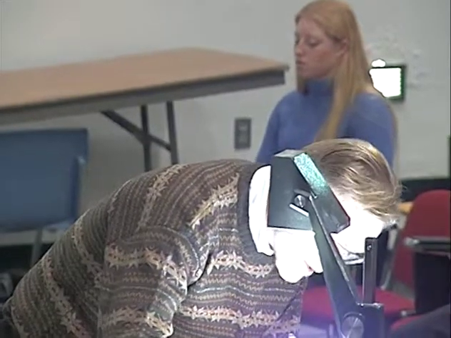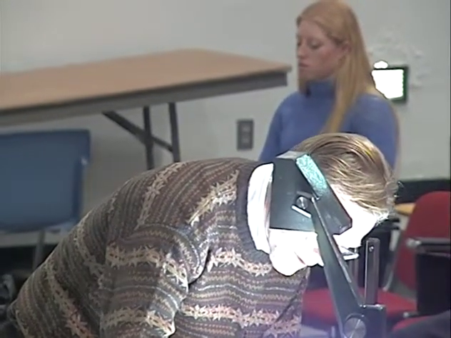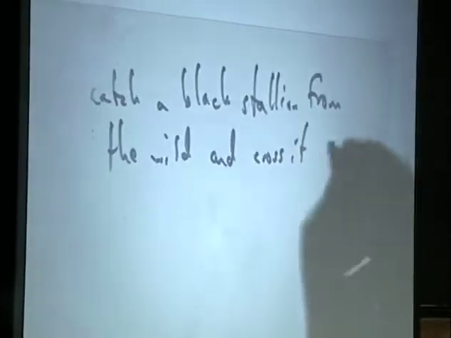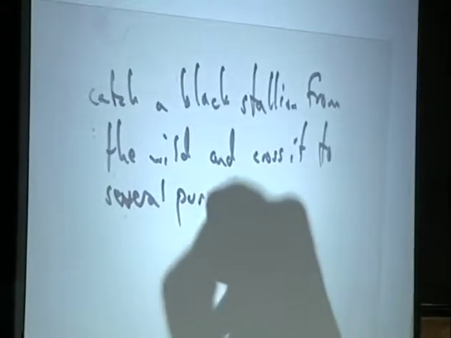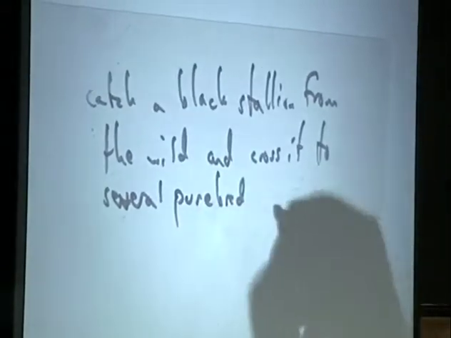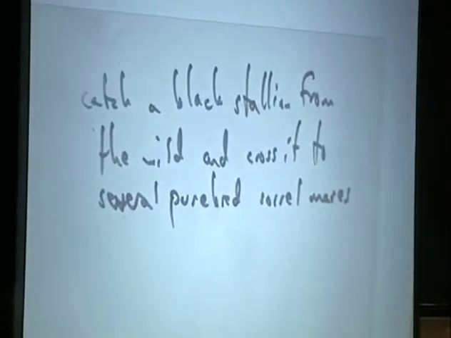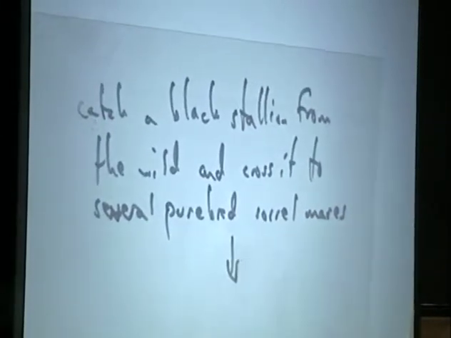Okay, let's suppose that we catch a black stallion from the wild and cross it to several purebred sorrel mares.